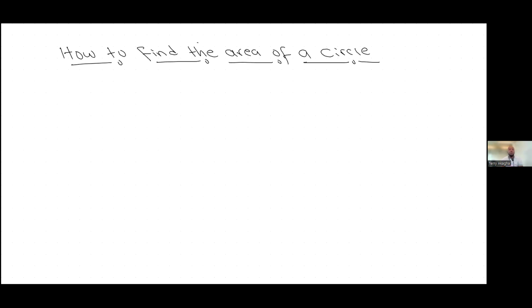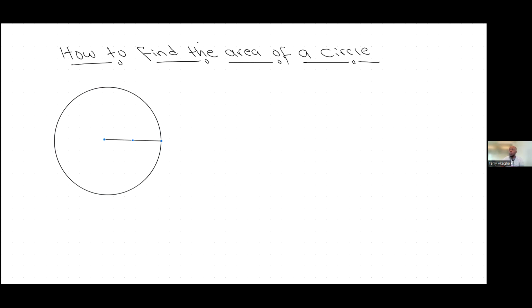The area of a circle is defined as the amount of space occupied or covered by that circle in a two-dimensional plane. So basically, when you have this particular circle, you have the radius, okay?